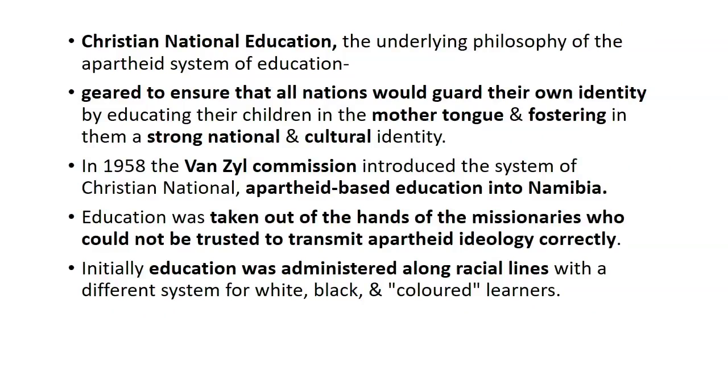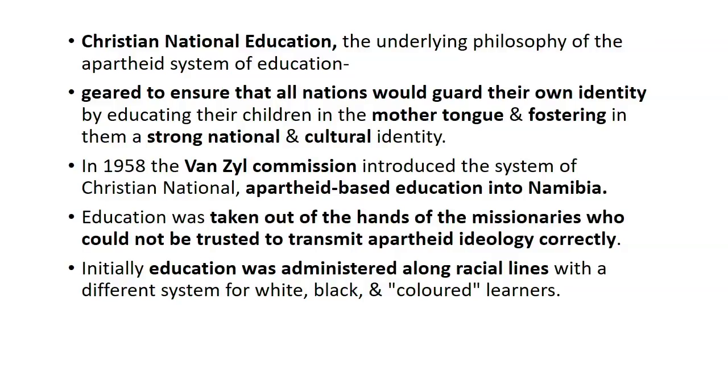His idea of Christian national education had the following underlying philosophy, which of course was still based on an apartheid system. It was geared to ensure that all nations would guard their own identity by educating their children in the mother tongue and fostering in them a strong national and cultural identity.